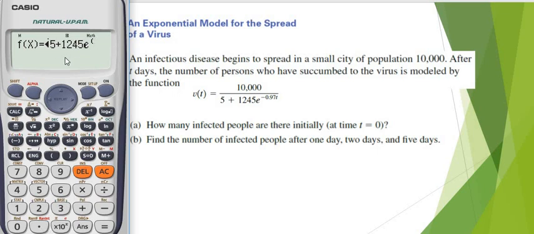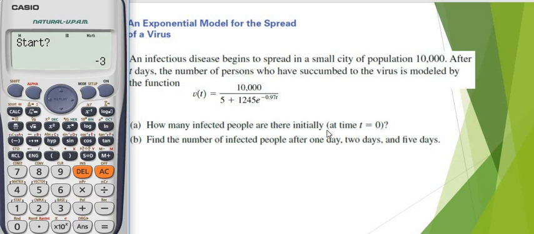In this case, we'll simply use x: negative 0.97, alpha x, close parentheses, and again close parentheses, equals.